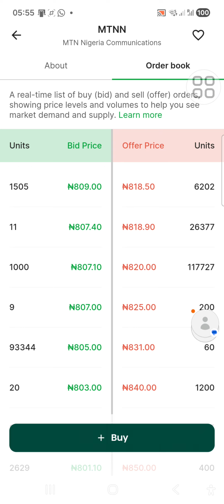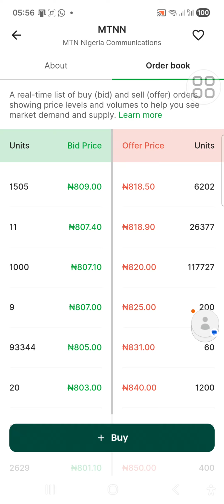Now, if you want to make a bid and you want your bid to go through very, very quickly, almost instantly, then you have to bid at 818 naira 50 kobo, because somebody is already offering to sell at 818 naira 50 kobo. So if you bid at that price, then you can buy MTN immediately.